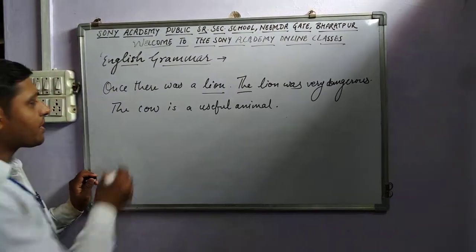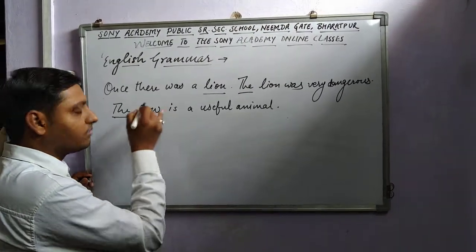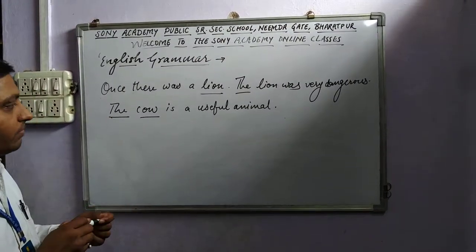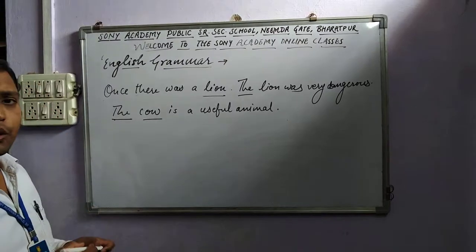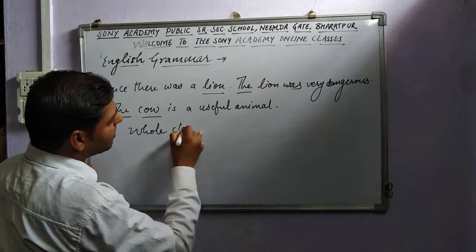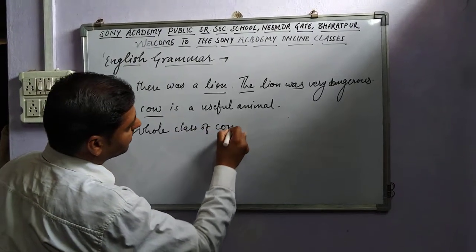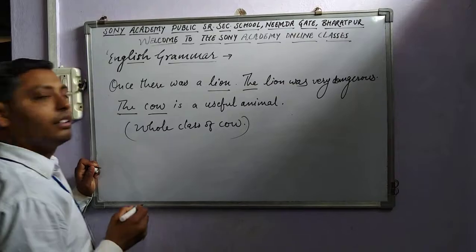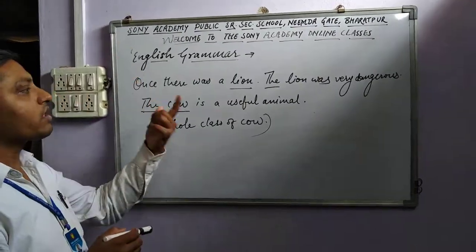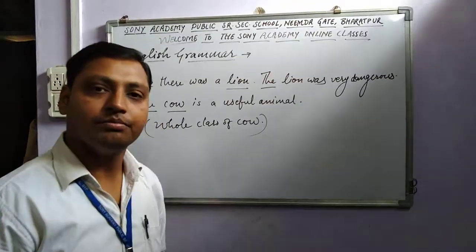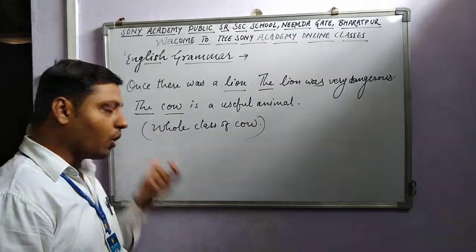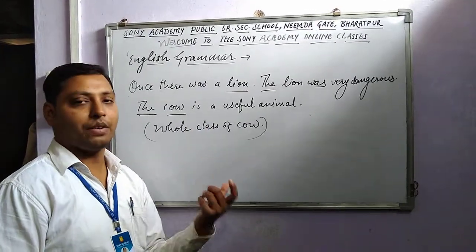You can see I've used the word the before the noun cow. The cow is a useful animal. The has been used to show the whole class of cows. Here the meaning of the sentence is all cows are useful animals. Okay? So this the refers to a whole class, the whole class of an animal or thing.